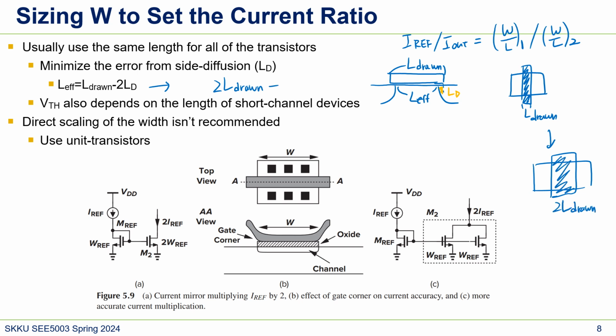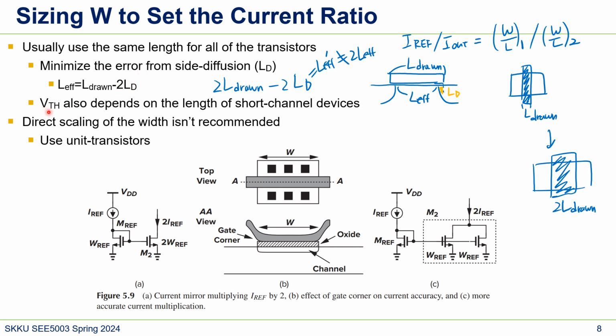We can control that, but we don't know about this LD. So this new L effective is not 2L effective, right? That's the point, because we cannot predict this LD.